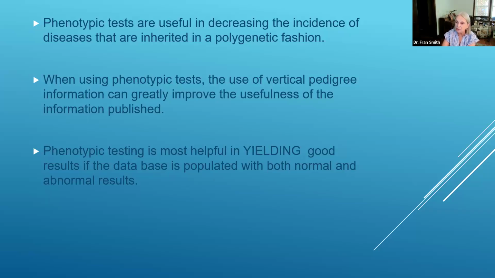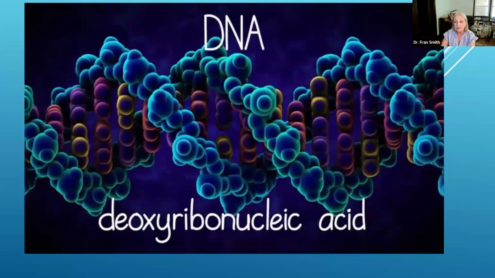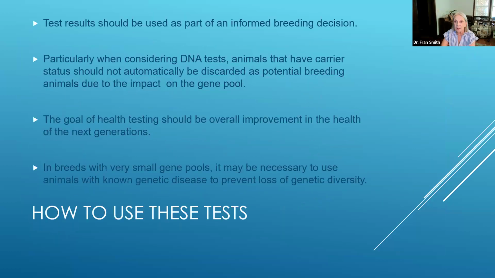And you can do that by exploring the vertical pedigree on the OFA website. So again, phenotypic testing is most helpful in yielding good results if the database is populated with both normal and abnormal results. So test results should be used then as part of an informed breeding decision.